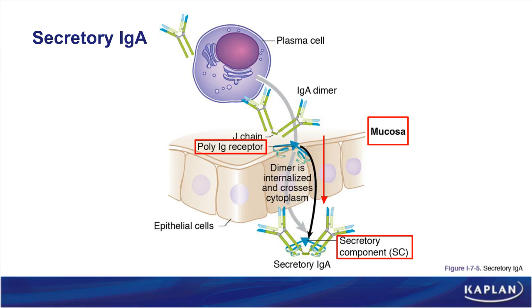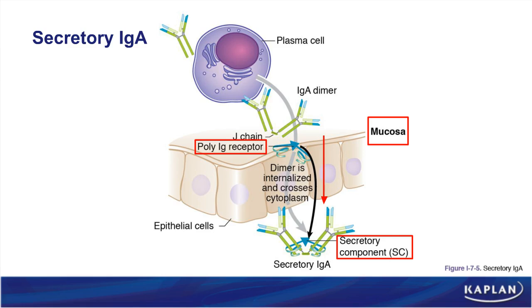Another important function, and think about this, what happens to everything that goes into our gut. Remember, we put it in one end of our body and it gets flushed out the other end. So why is it that I'm transferring IgA into the lumen of the gut and it is not being literally flushed down the toilet?